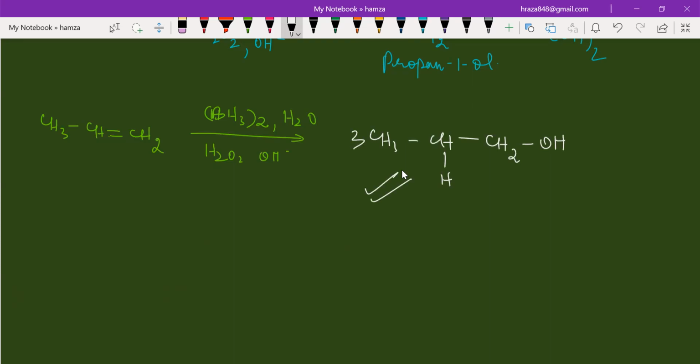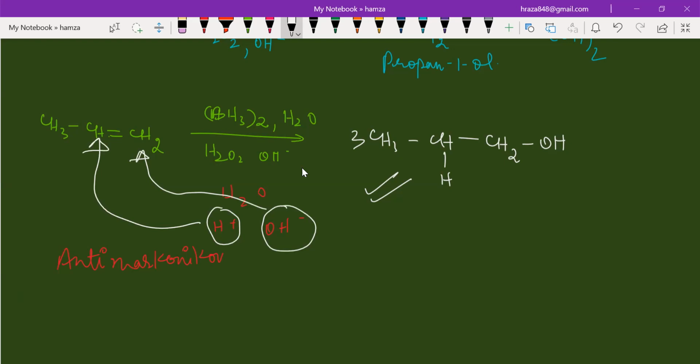In the previous class, the reaction followed Markovnikov, but here H2O has two parts, H plus and OH minus, and here anti-Markovnikov is followed. Anti-Markovnikov means the negative part of the addendum will go to that carbon which has the greater number of hydrogens, and the positive part of the addendum will go to the other carbon. Just make it 3 moles and you will get your answer directly.